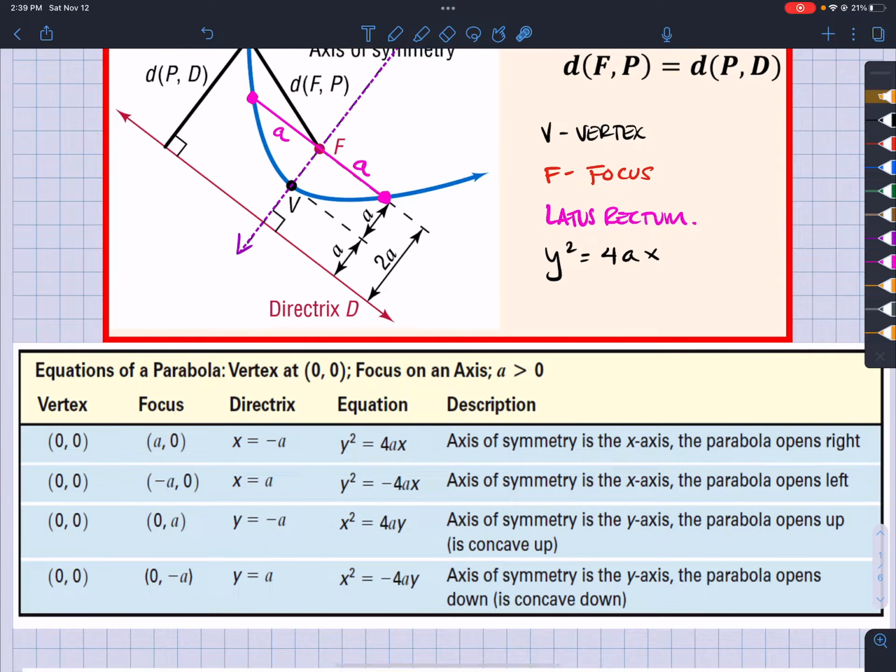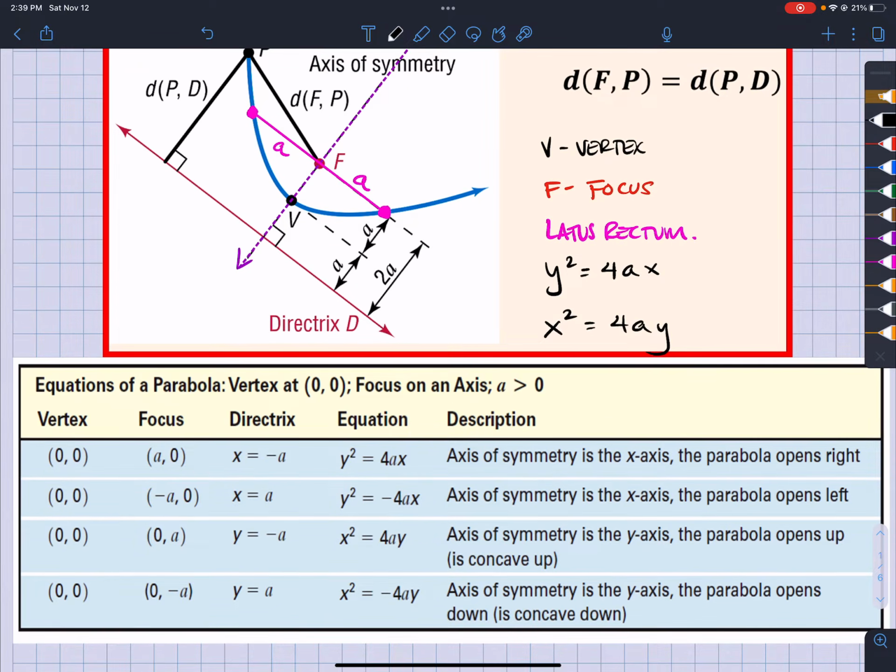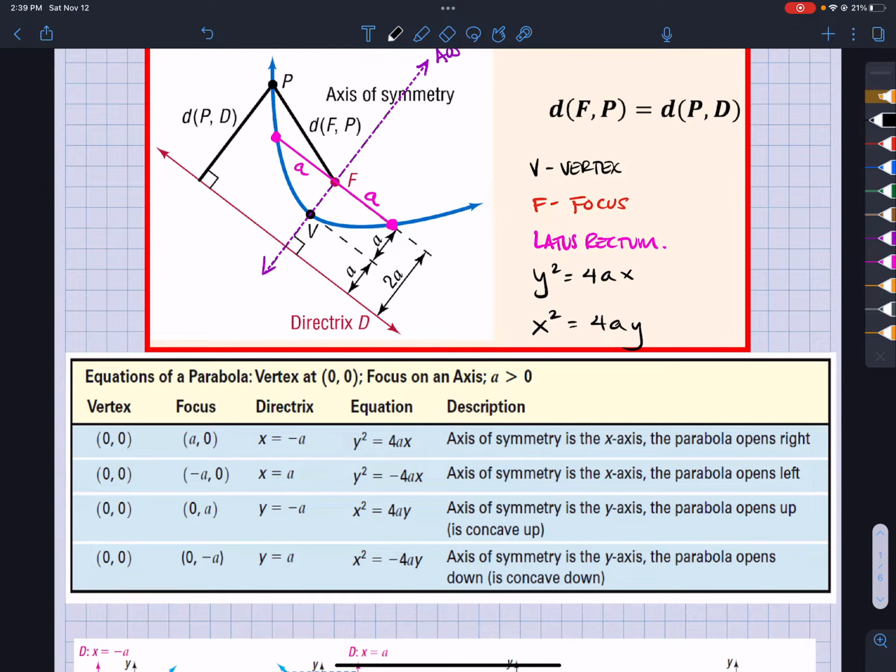And if the x is squared, for a y, then this is either going to open up or down. And it all depends on if the A is positive or not. So if the y is squared, that means it opens left or right.